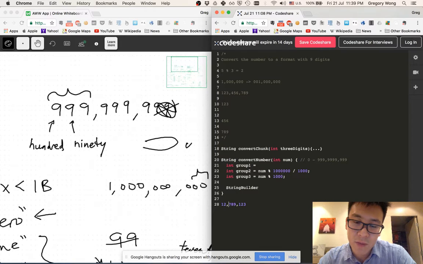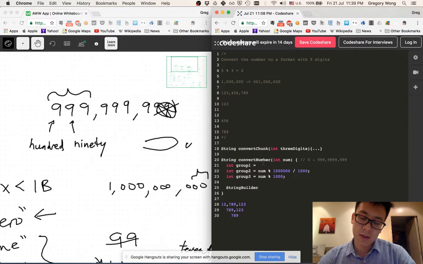If we mod it by 1 million, we get just 789,123, and then we divide it by 1,000, giving us 789.123. But since this is rounded off, we get 789. Okay. So group 2 works.